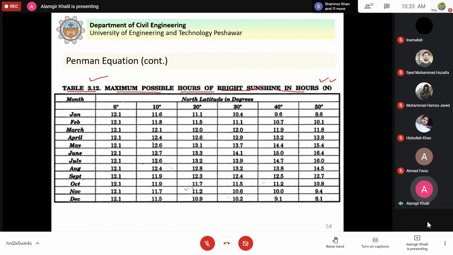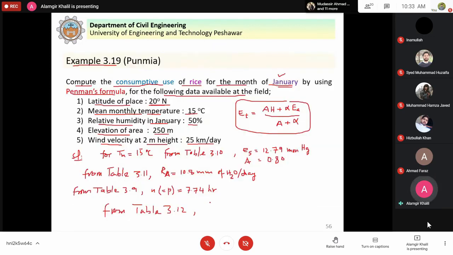In this table for latitude 20-degree, north latitude in degrees, and the month of January, this is the value that we will pick. This is 11.1. This is capital N, that is equal to 11.1 hours.